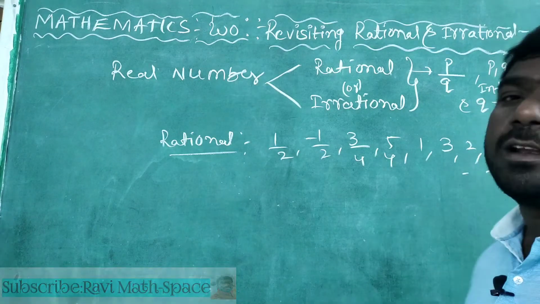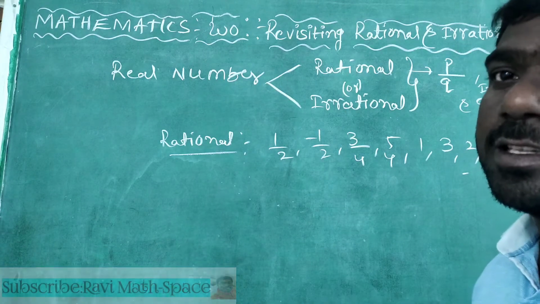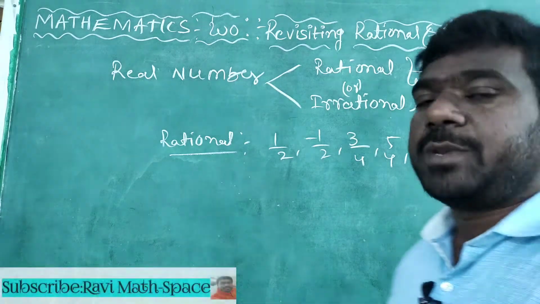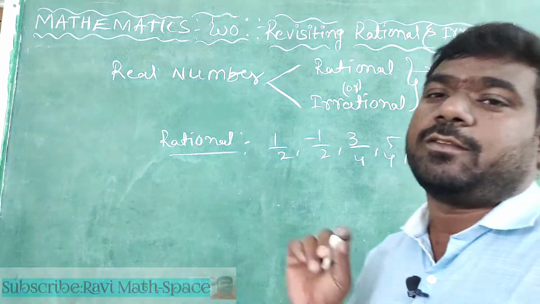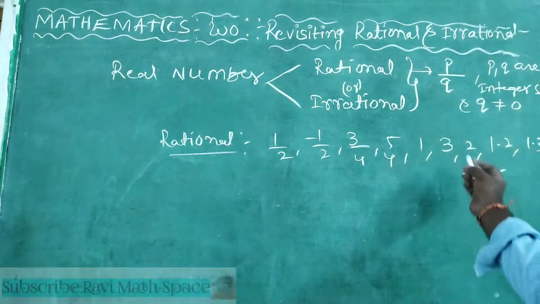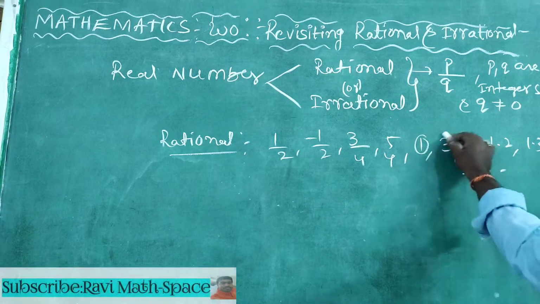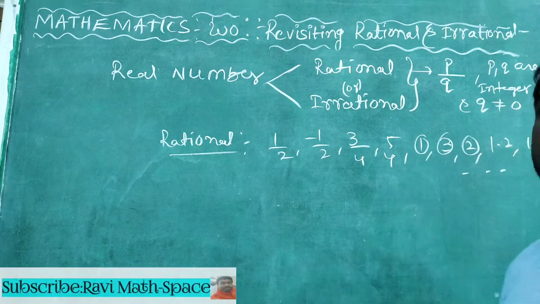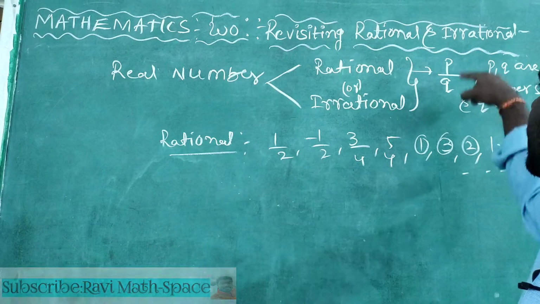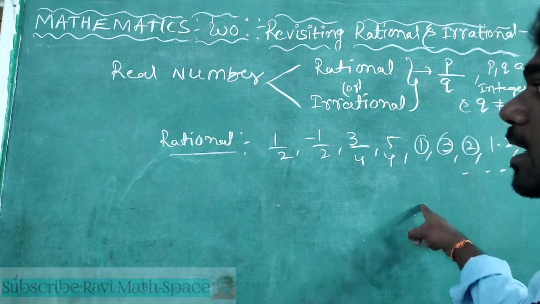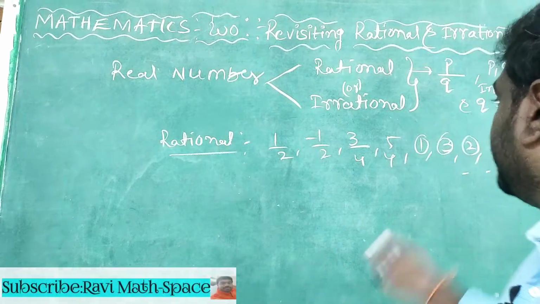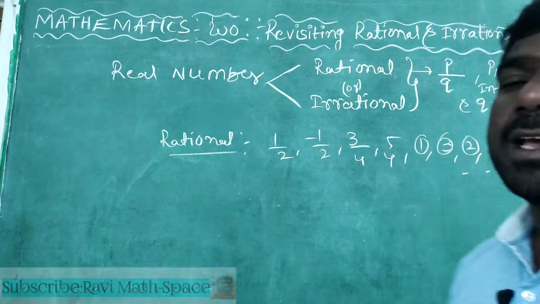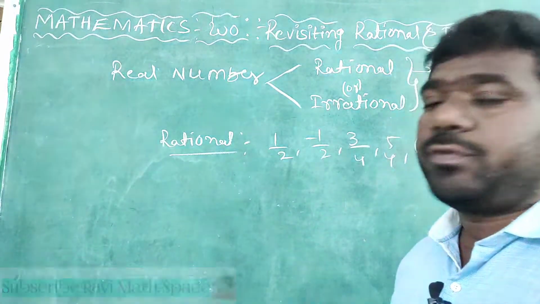These all are rational numbers. Actually we will get one doubt here: sir, here 1, 3, 2 are not in the form of p by q, so how can we say they are rational numbers? This number we can write in p by q form.